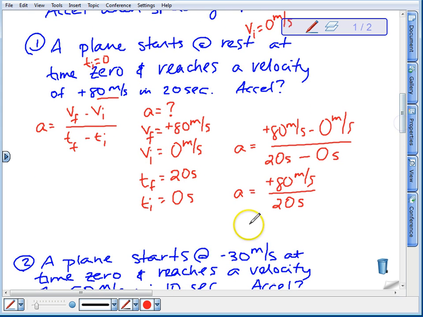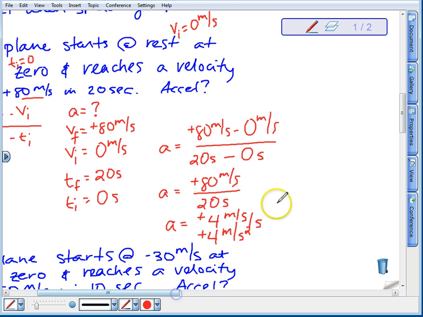So we get that our acceleration, 80 divided by 20, is 4. So we get a positive 4 meters per second per second. Look at that unit. Meters per second over second. That's the same as saying a positive 4 meters per second squared.